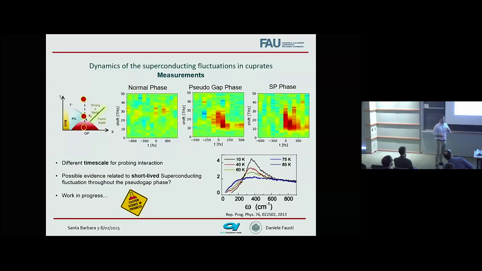It's work in progress, so we cannot make a statement, but it could be a way to measure evidence of superconducting fluctuations throughout the pseudo-gap state.